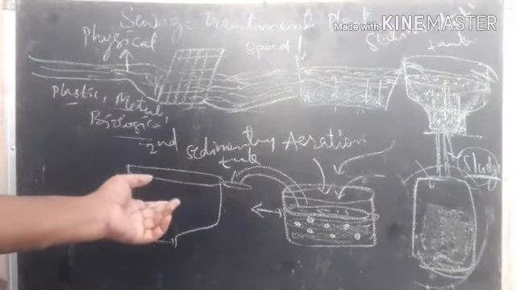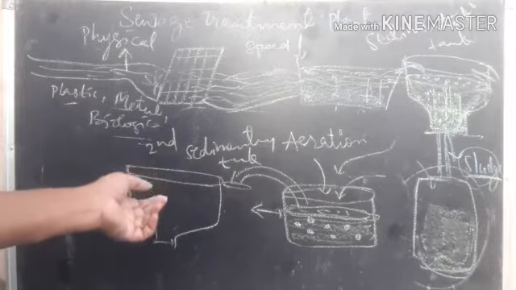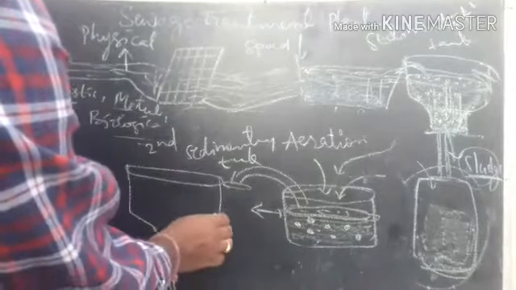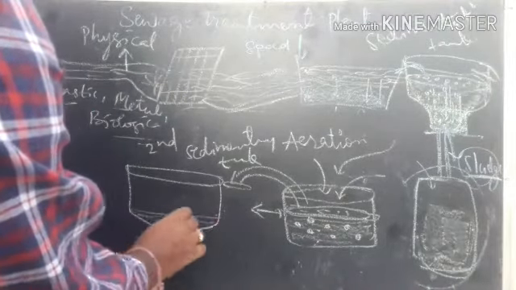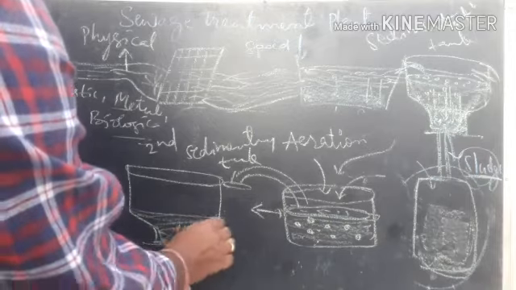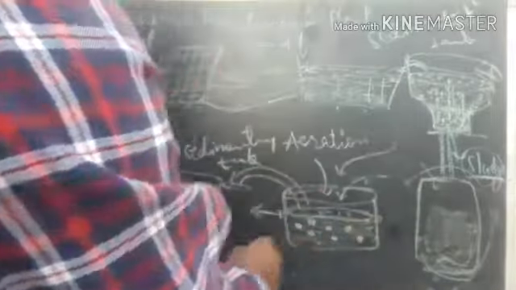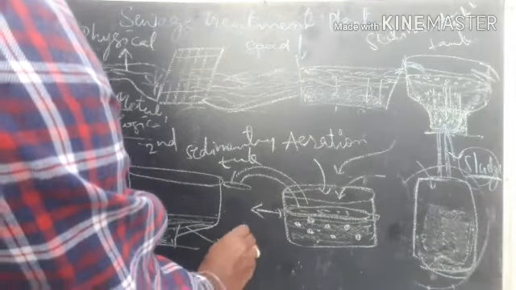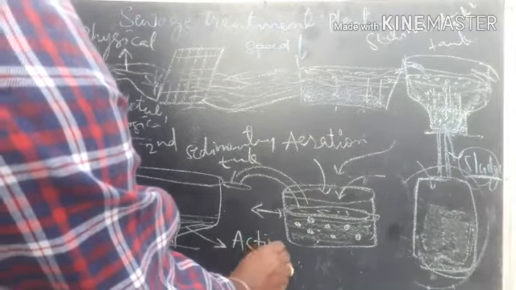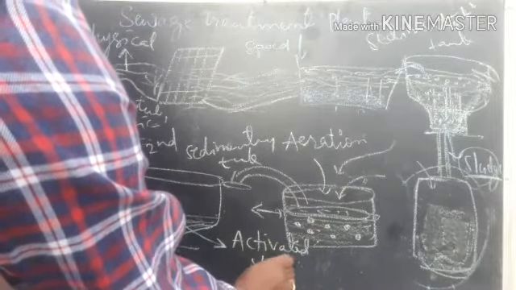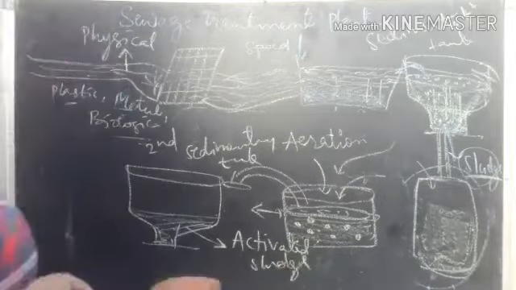Okay, now in the second sedimentary tank, what happens? The microbes are already here. Whatever microbes grow come and settle at the bottom of the tank. What do we call this material? Sludge. Here it is also sludge, secondary sludge, or we call it activated sludge. Why do we call it activated sludge?